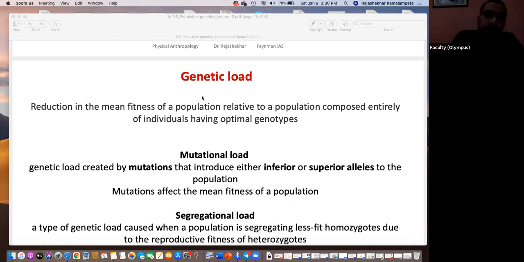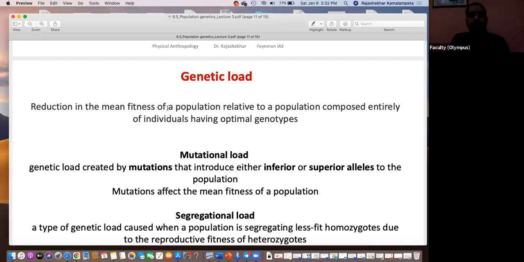So it is a reduction in the average fitness of a population, and it's a relative term because we don't know what is best, correct? It is compared with the population with optimal genotypes, so it's relative. I'm just giving an example for you to start thinking about it. Let's say that O blood group is really beneficial.